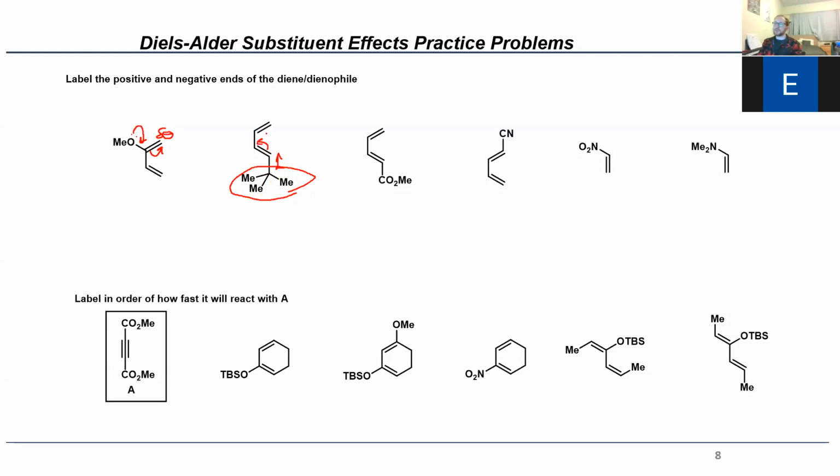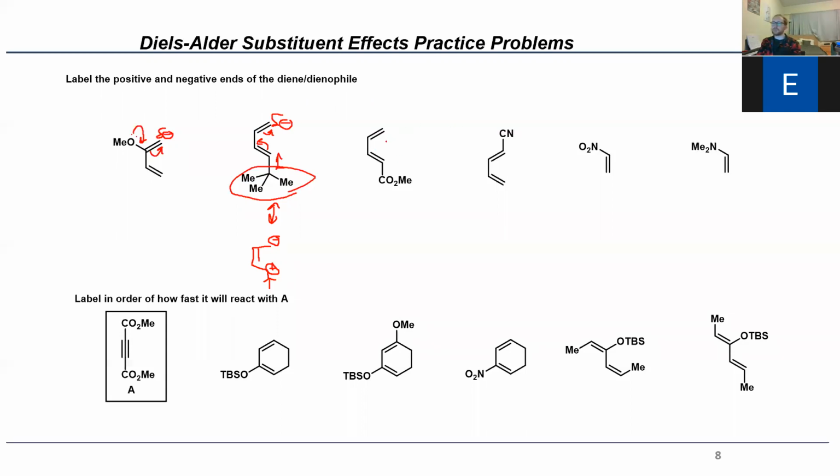And so we can push electrons like this to give a resonance form that looks like this. Now this is the most stabilized resonance form because the positive charge is next to our electron donating tert-butyl group. And so the delta negative side is also this position of the diene.